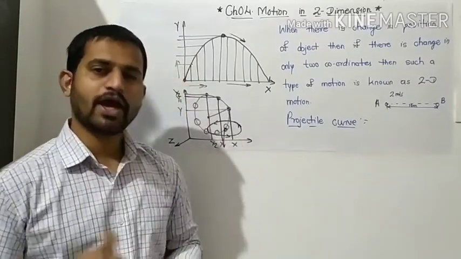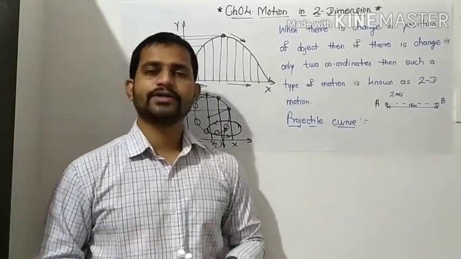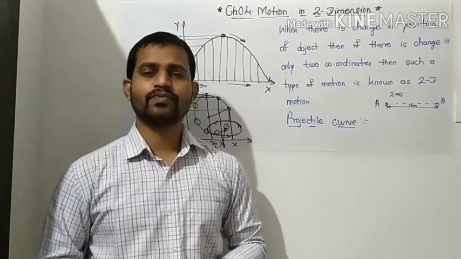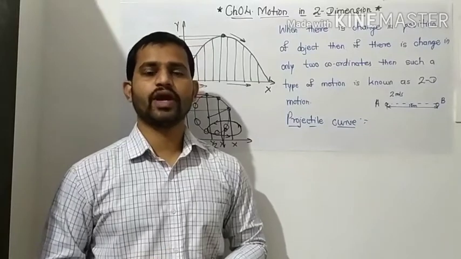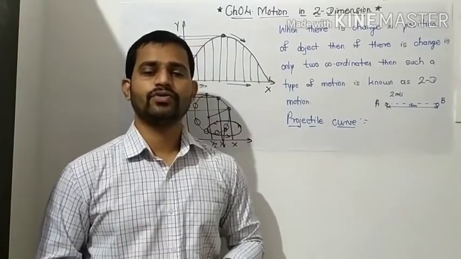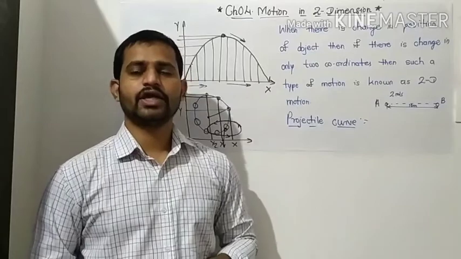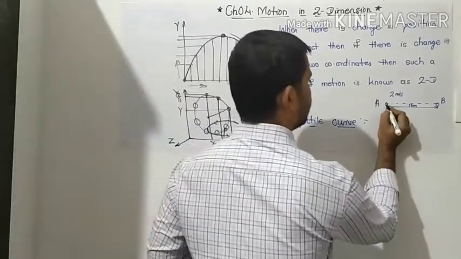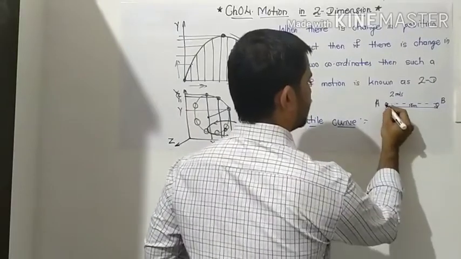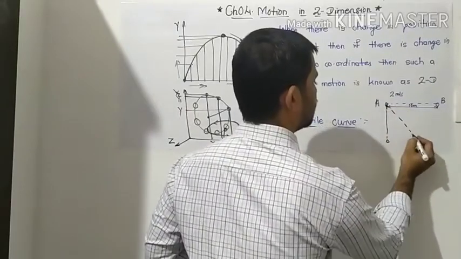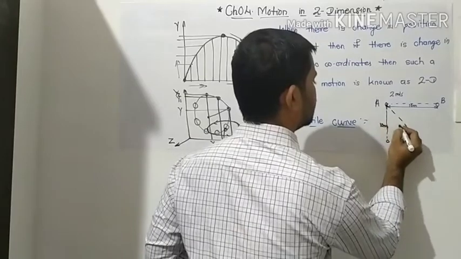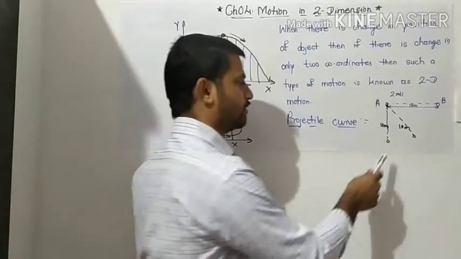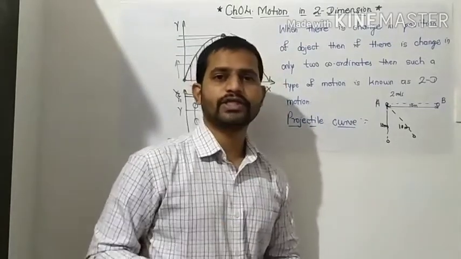You can reach any other point which is also at 10 meters, but you are not able to reach point B.